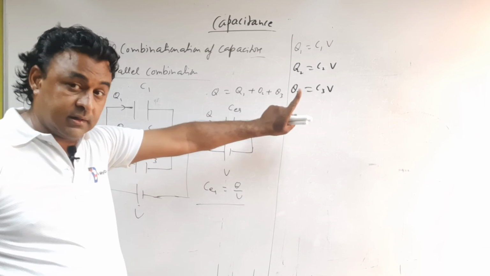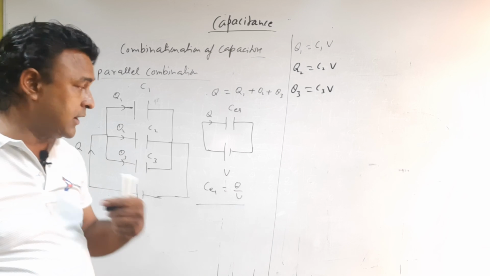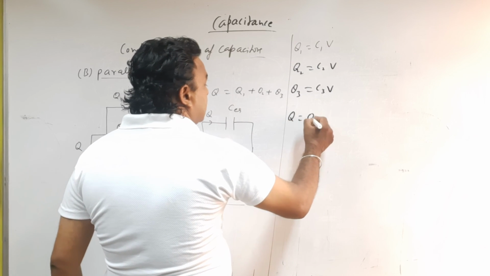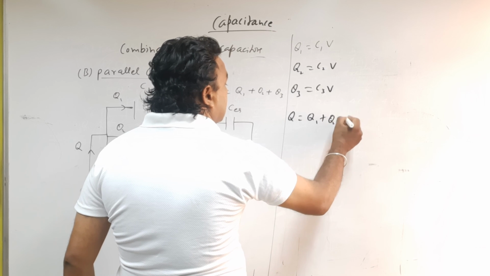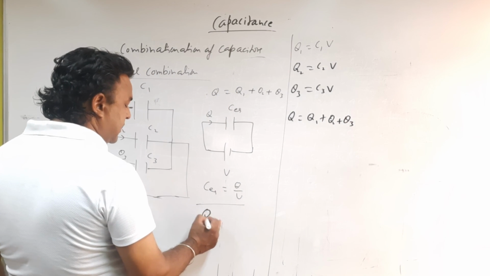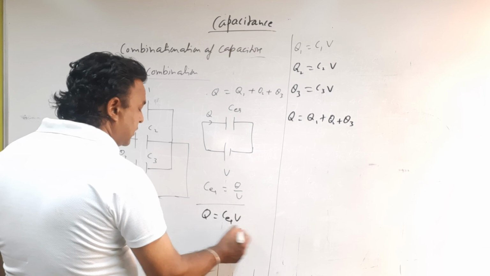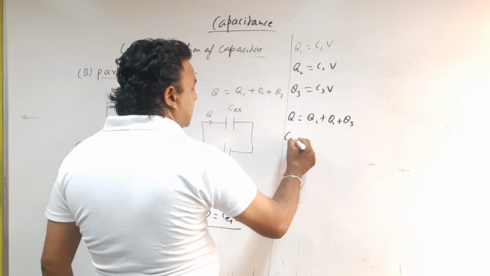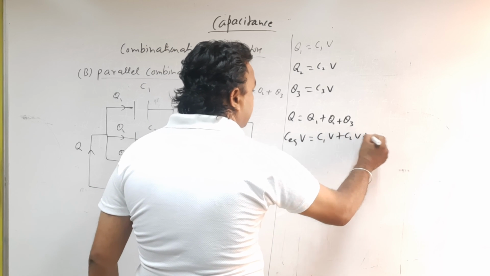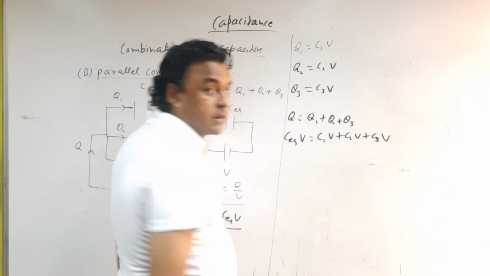As per the formula, Q is proportional to V, right? C is a constant. A very simple relation. Now I place here Q is equal to Q1 plus Q2 plus Q3, and here I write Q is equal to C equivalent into V. So C equivalent into V equals C1V plus C2V plus C3V.